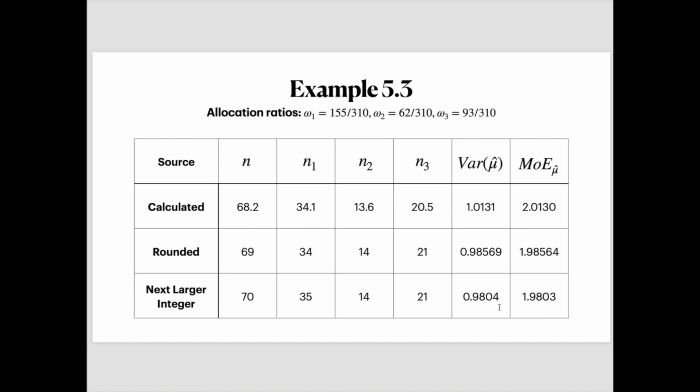All right, so we need to think about that very carefully and come up with, if we can do it, allocation ratios that are in a sense optimal. That will result in the smallest sample size possible for attaining a margin of error of mu hat that we can come up with. And so that is going to be something that we'll look at in a second.